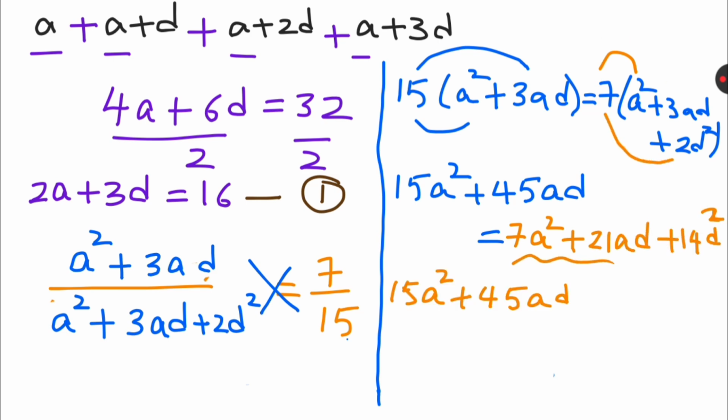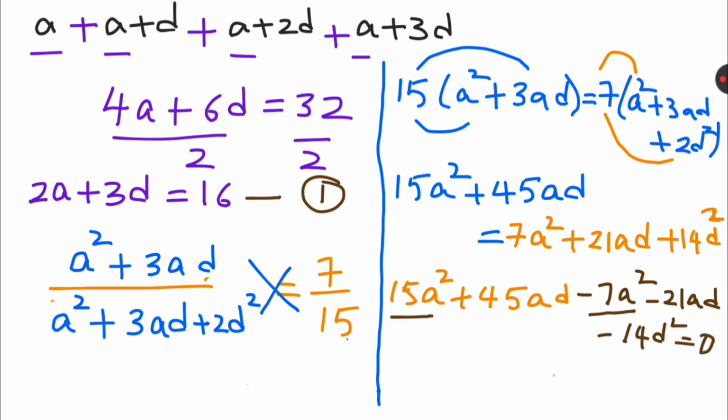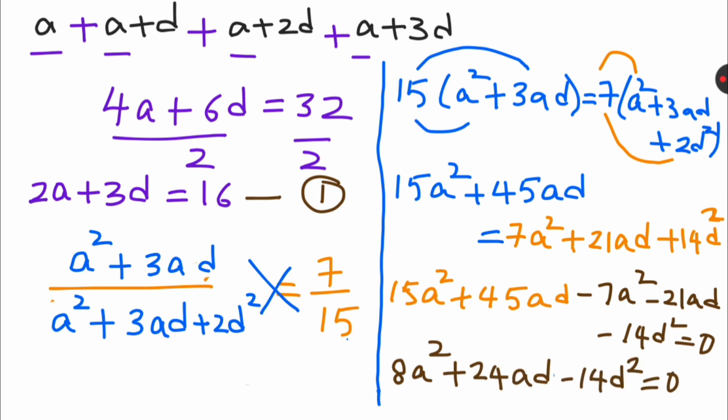If you take all the right hand side terms to the left hand side, we get minus 7 a power 2 minus 21 ad minus 14 d power 2, equal to 0. 15 a power 2 minus 7 a power 2 gives 8 a power 2. Then 45 ad minus 21 ad gives 24 ad, minus 14 d power 2, equal to 0. If you divide both sides by 2, we get 4 a power 2, 12 ad, then minus 7 d power 2, equal to 0.